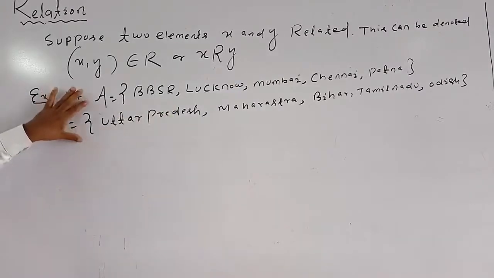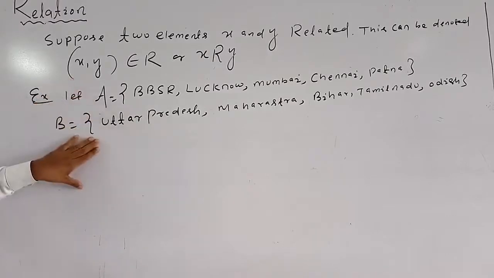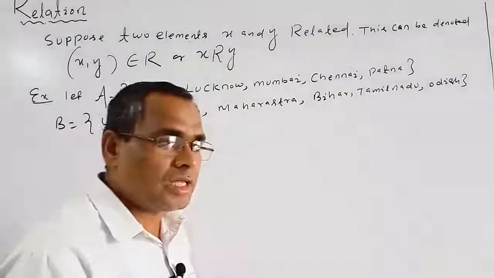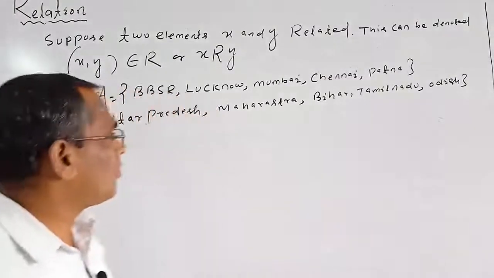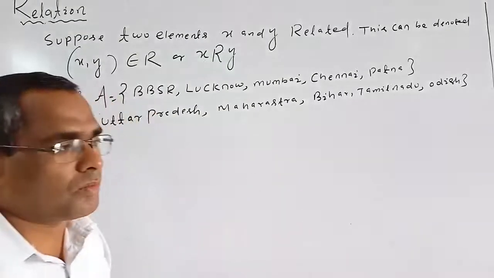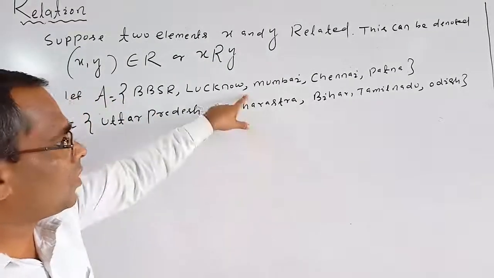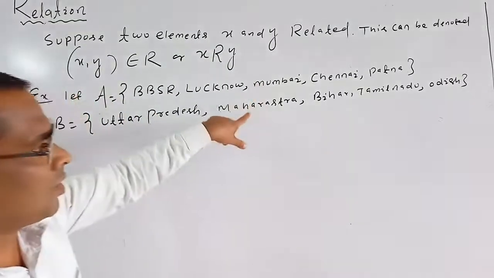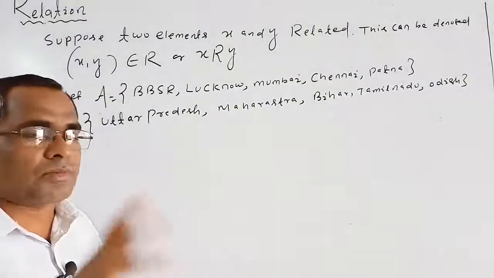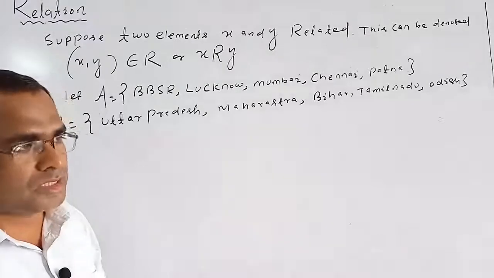So A cross B contains how many ordered pairs? The number of ordered pairs of A cross B is equal to the number of elements of A times the number of elements of B. Number of elements of A is 5, of B is also 5. So A cross B contains 25 ordered pairs.